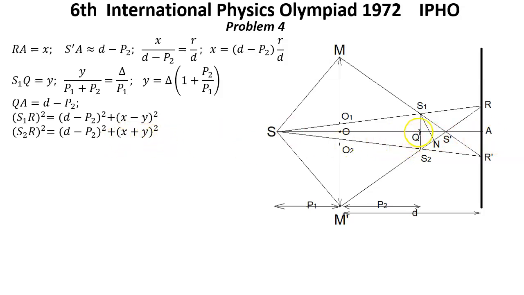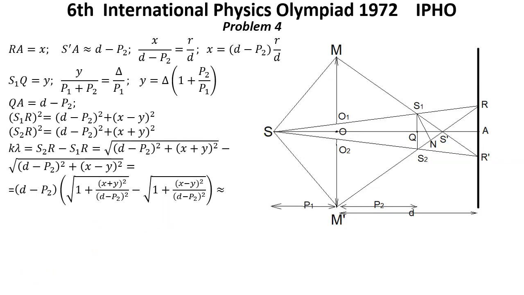Now we need to add x and y. And now let's count what is the difference between these two parts. In our assumption, we can say that this distance difference equals k multiplied by lambda, where k is the maximum number of these interference fringes from one side, which is equal to this difference.